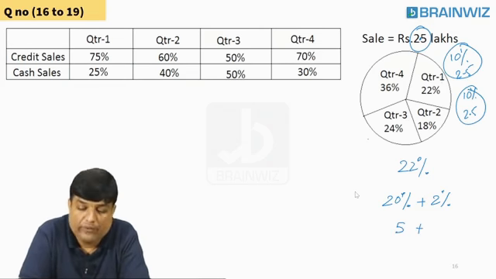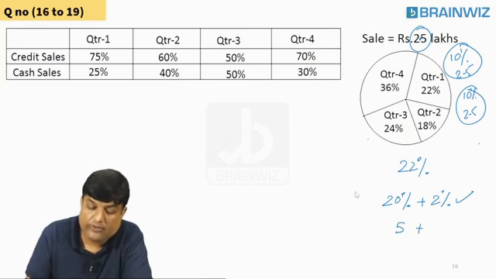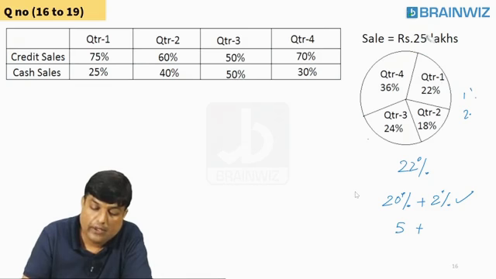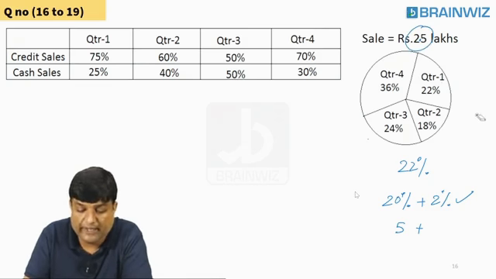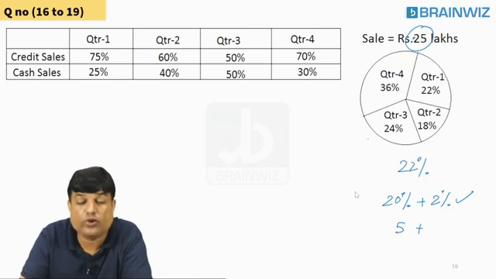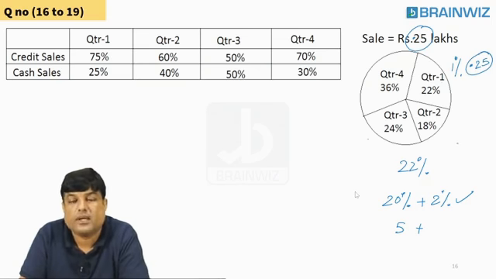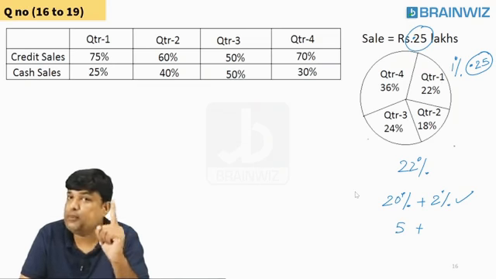Guys, as you all know, we are supposed to find out not just this, we are supposed to find out 2% also. When 10% is 2.5, could you please tell me what is 1%? 1% is 0.25. It's not 2.5. 10% is 2.5, 1% is 0.25.